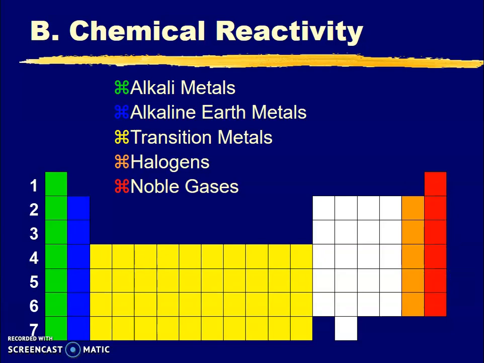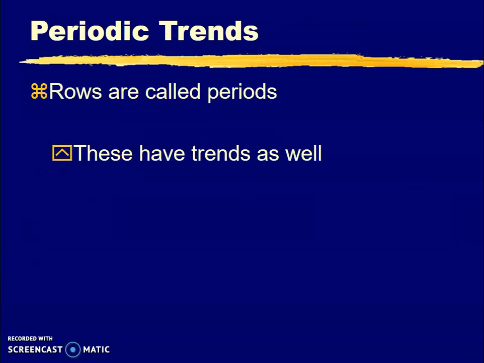You may want to color code your periodic table. What I did was I colored in those big groups with colored pencils, and then I like to highlight these groups with highlighter to talk about their names, however you want to color code your own as you are studying. So the columns, the up and downs, are groups or families.